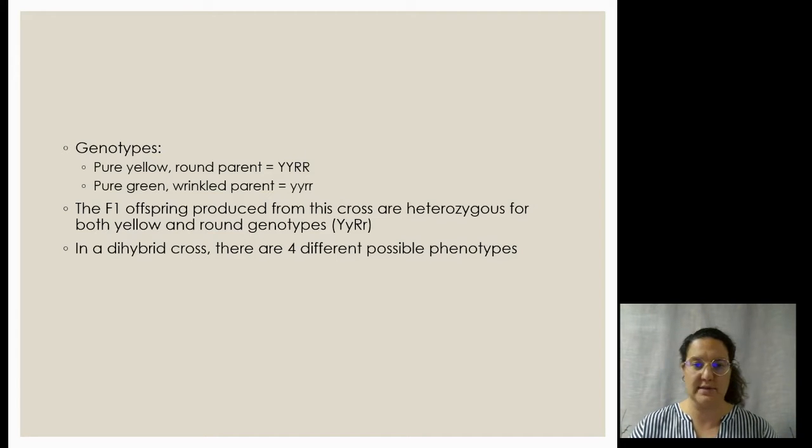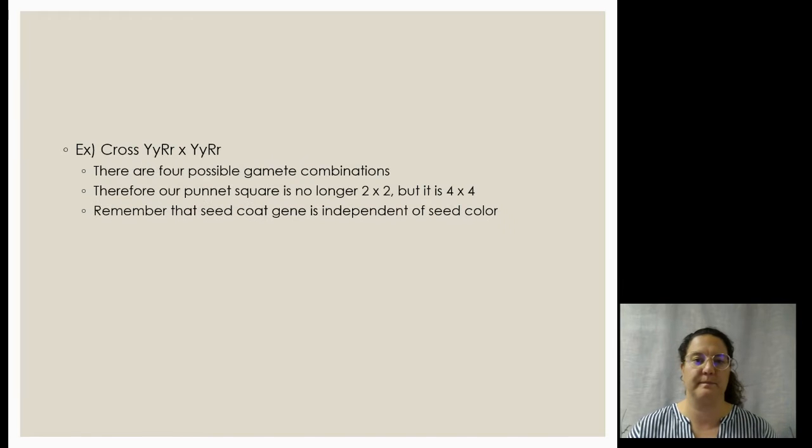And in a dihybrid cross, there are 4 possible phenotypes. So we want to cross a plant heterozygous for 2 traits.